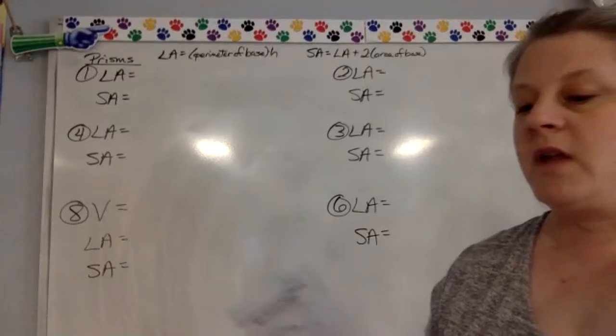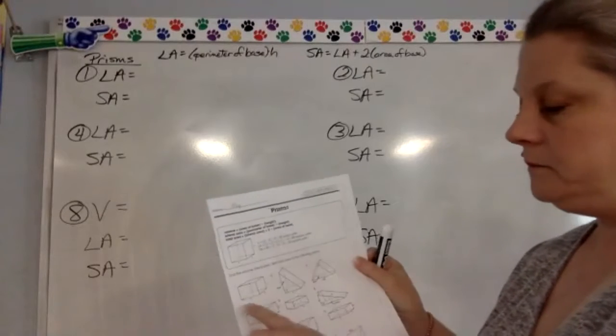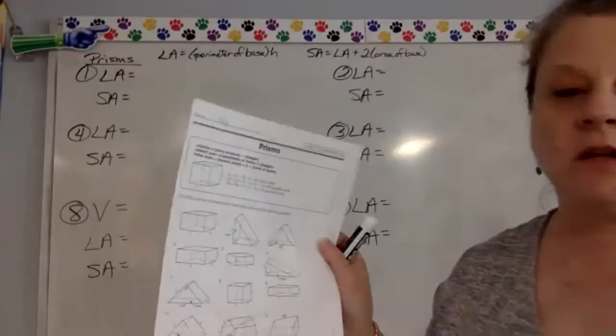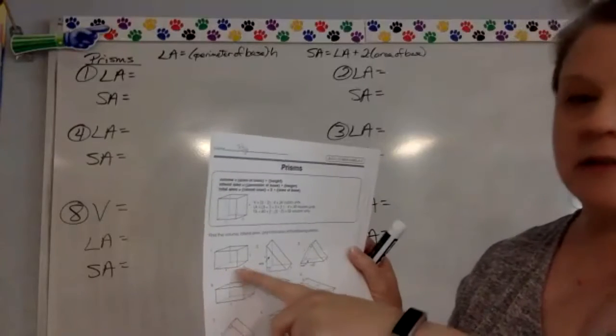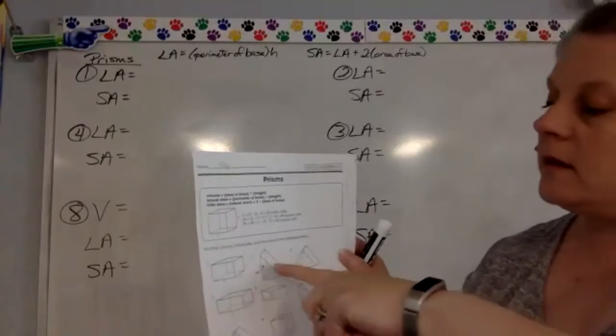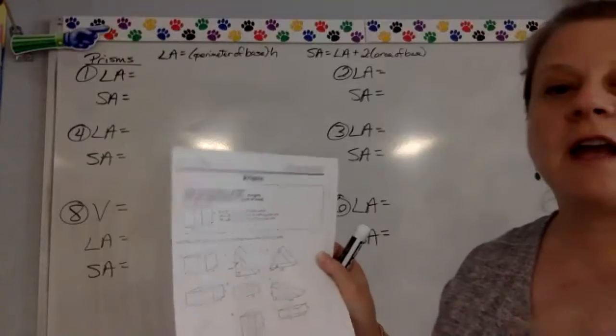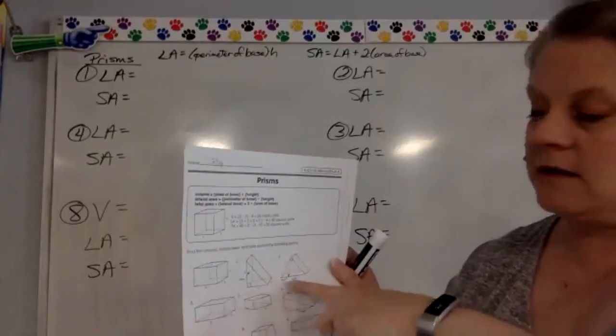So like on number 1, number 4, number 5, those are rectangular prisms because their base shape is a rectangle. On number 2, number 3, number 6, number 7, those are triangular prisms because their base shape is a triangle.